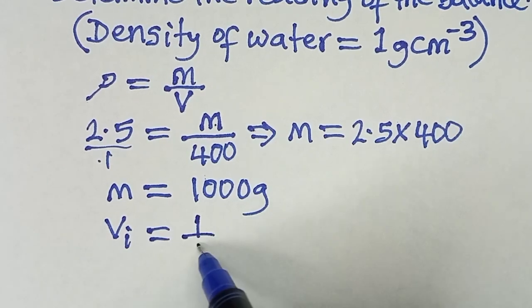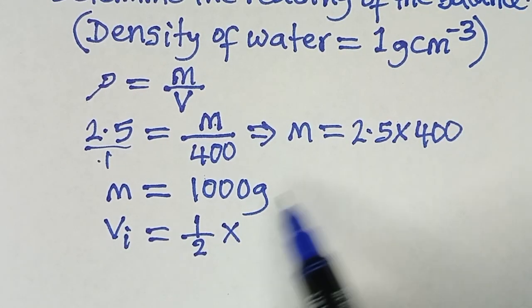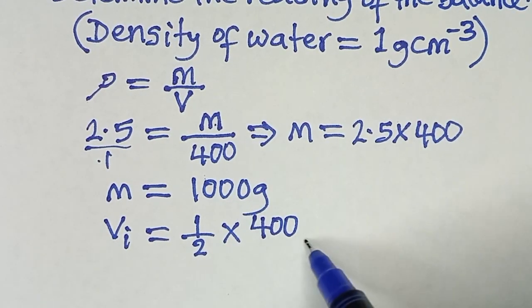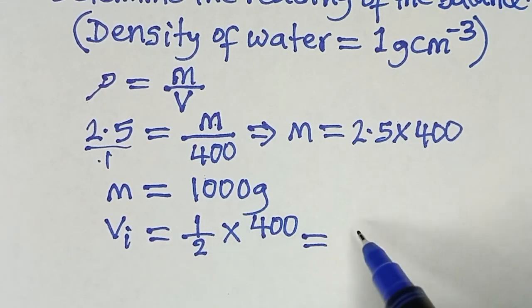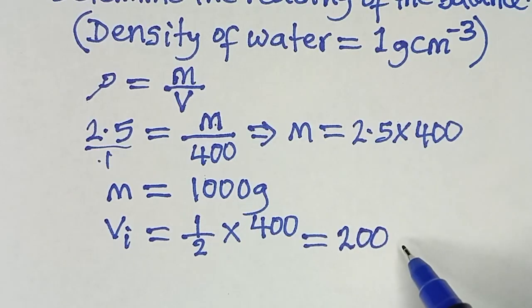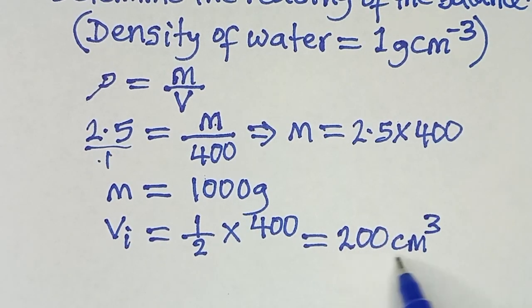That means half multiplied by the original volume, 400. So half multiplied by 400 is 200 centimeter cube. So this is the volume of the object inside the water.